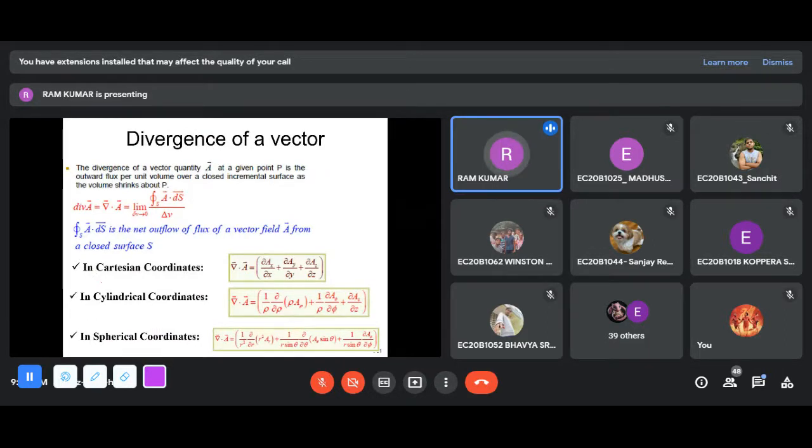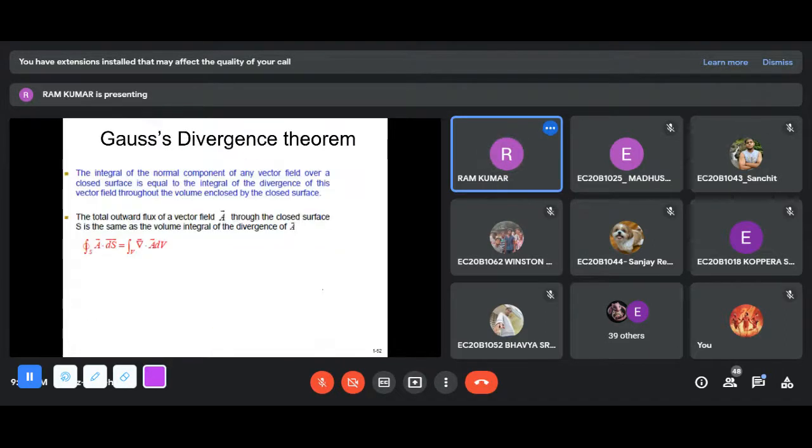As I already explained, this is divergence, del dot A. Then the Gauss divergence theorem. Three theorems are involved here: the Gauss divergence theorem, Stokes theorem, and Green's theorem. We may have studied these already in vector analysis.